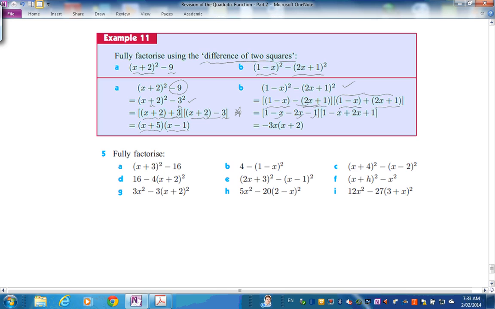And then the same thing in this bracket, 1 take x just comes down, plus 2x plus 1. And then collecting up terms, neg x take 2x is neg 3x, and 1 take 1 disappears, so we've got neg 3x, and over here neg x plus 2x is 1x, and 1 plus 1 is 2.